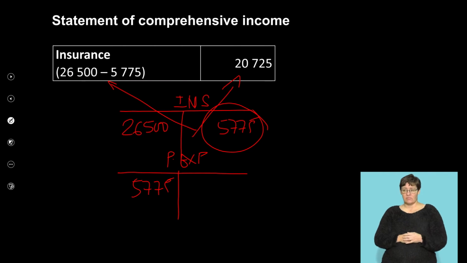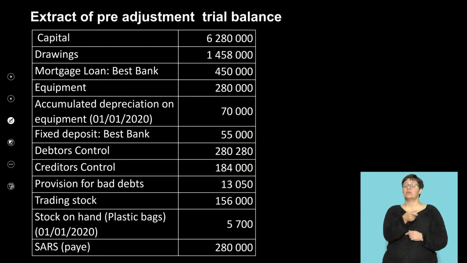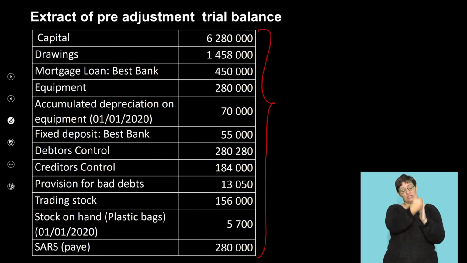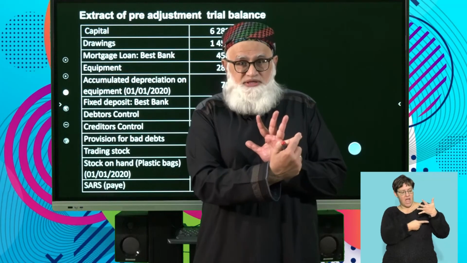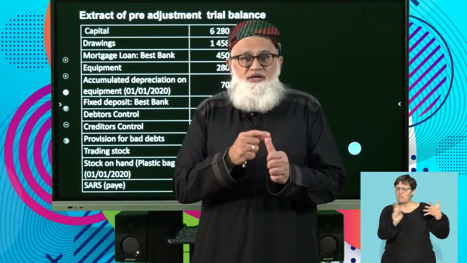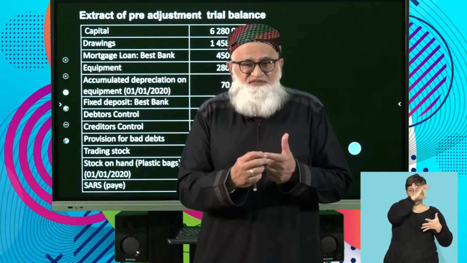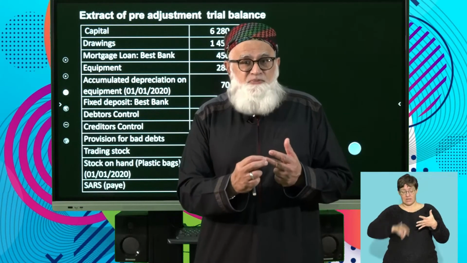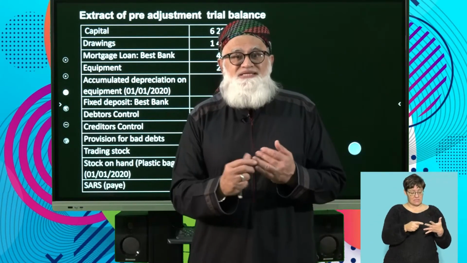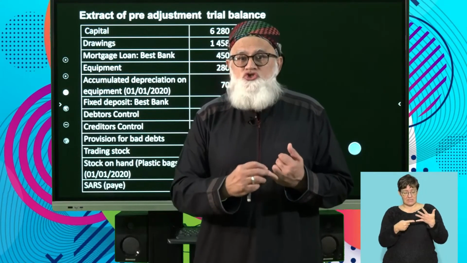Whenever you are dealing with any adjustment, the first thing that you do is go and check in your balance sheet account section if any of the big 5 appear. What am I referring to? Accrued income, deferred income, prepaid expenses, accrued expenses, and consumable stores on hand.